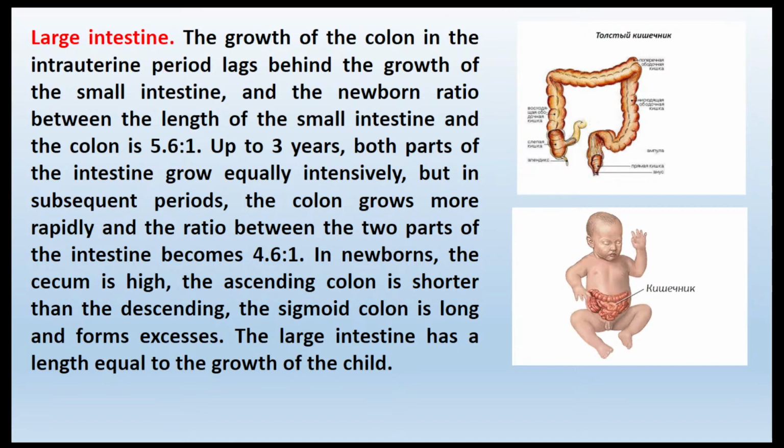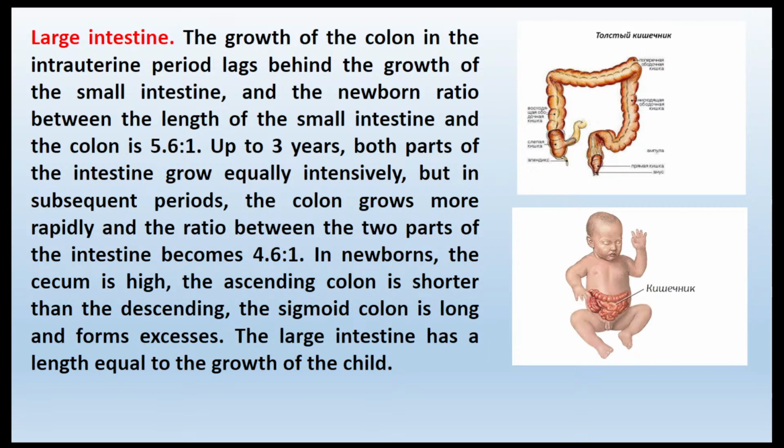Up to 3 years, both parts of the intestine grow equally intensively, but in the subsequent period the colon grows more rapidly and the ratio between the two parts of the intestine becomes 4.6 to 1.